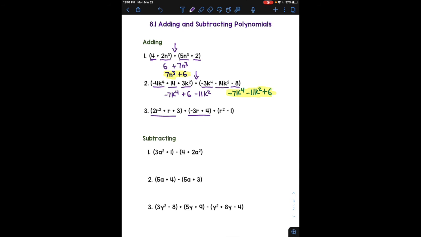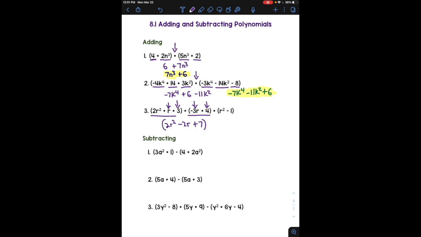Therefore, it's like saying 2r squared plus nothing is 2r squared. r plus negative 3r would be its like term, is negative 2r. And then our 3 plus 4 will give us 7.